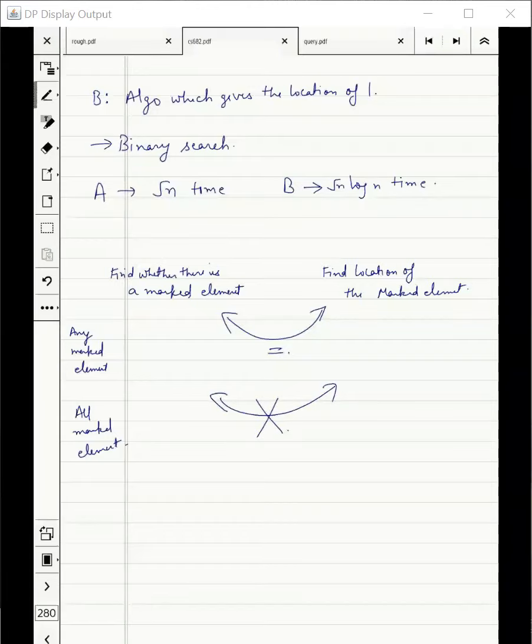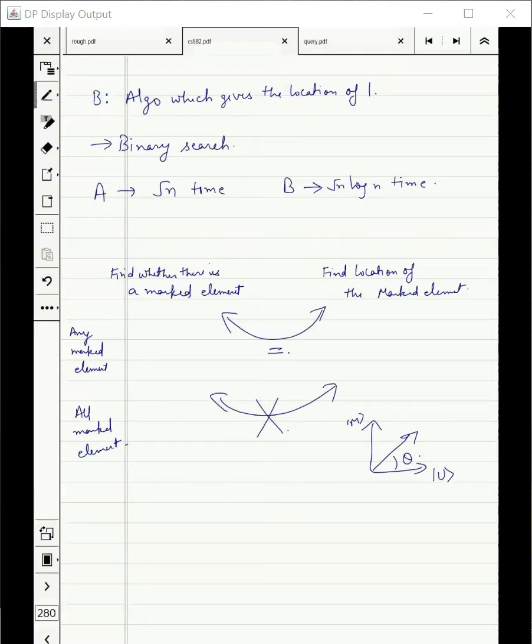You can kind of see this, because if there are more than one marked elements, finding whether there is a marked element actually becomes easier, right? The more marked elements there are, intuitively, even in the classical case, your state's theta angle will be big, and sooner you will reach the marked place.